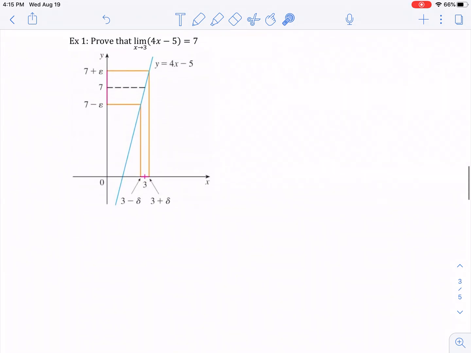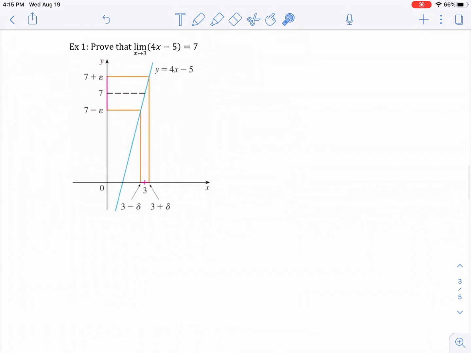And how do we set up the problem? So we want to do preliminary analysis. So we want to guess a value for delta. However, we need to set up the problem. So it's always like this.